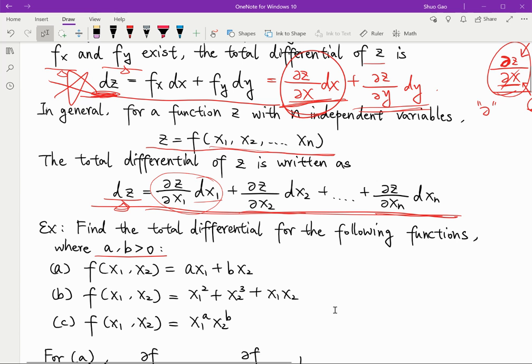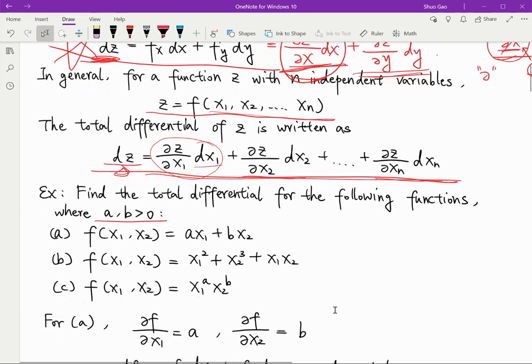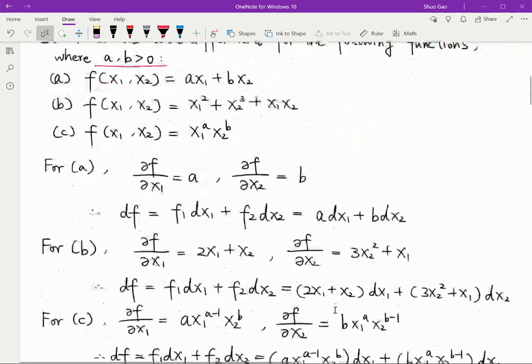So the total differential of the function should be the partial derivatives times dx1 and dx2.